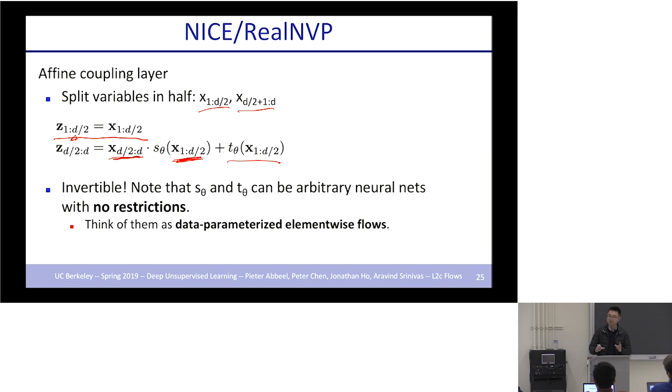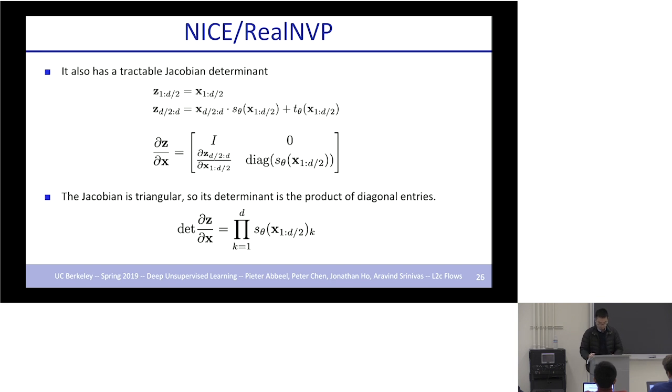So basically, we are taking half of the random variables and constructing an affine function based on the first half, and we use that affine function to transform the second half of the random variable. Okay? That's pretty straightforward, and then we showed that you get a tractable Jacobian determinant, which is what you need to evaluate the likelihood of any data point.